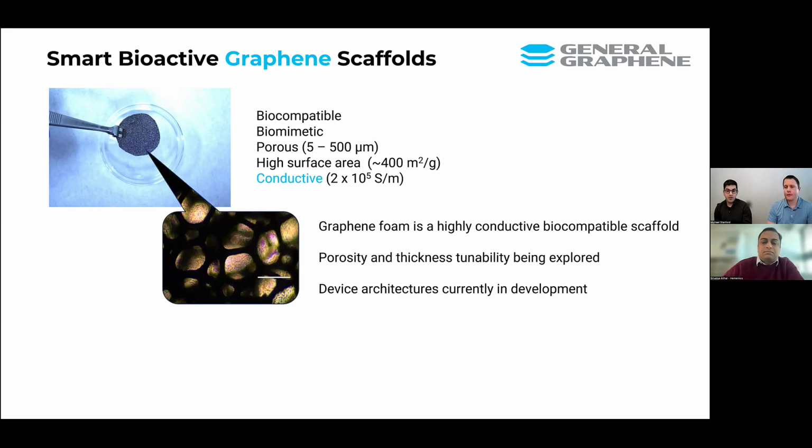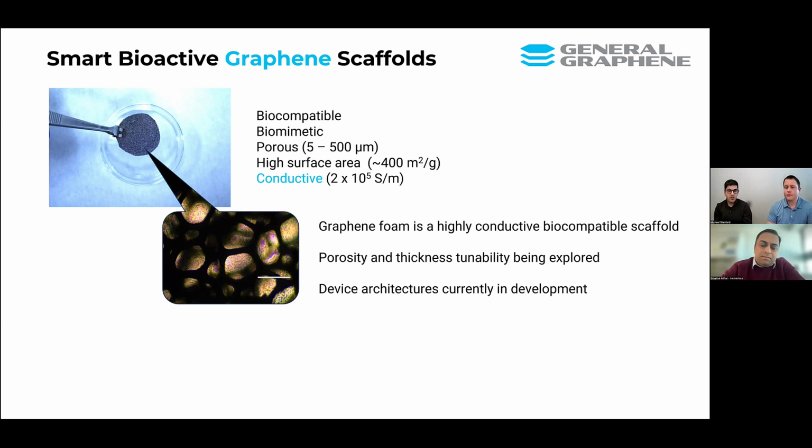This particular image is showing some cells seated inside our graphene foam matrix. What makes our material unique is we offer this combination of conductivity and biocompatibility, which no other solution or biomaterial on the market offers today.